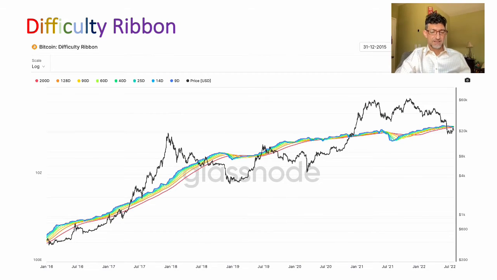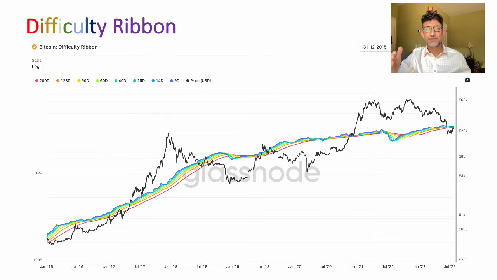Difficulty ribbon. This is the number of hashes required to mine a block. And the difficulty ribbon is something that became really popular with Willy Woo, with his subscribers. And it frankly looks nice, but you don't really need to have this.